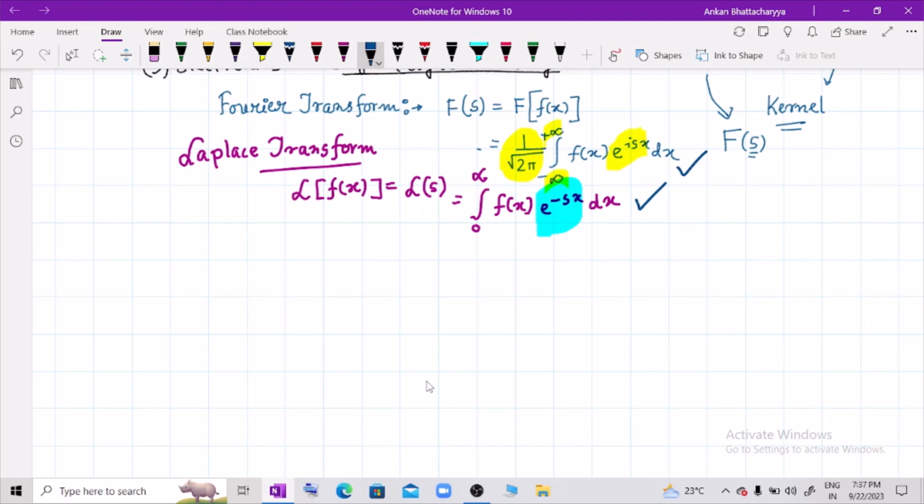What I have written here is nothing but the Fourier transformation of f(x), which is 1 by root 2 pi integration minus infinity to plus infinity f(x) e to the power isx dx.